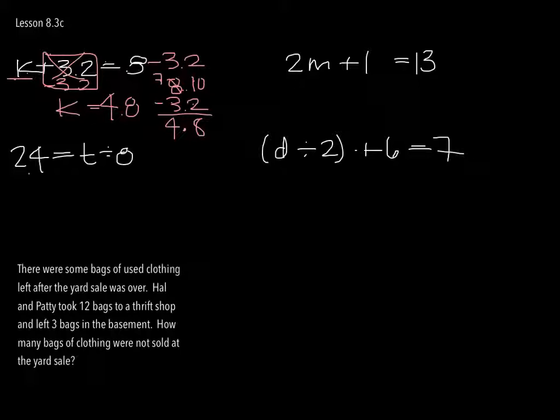Alright, let's look at our next problem. 24 is the same as t divided by 8. Again, we want to get our variables on one side and our numbers on the other. It's easier to leave the variable where it is right here. So what I have to undo is divide by 8. To undo divide by 8, I'm going to multiply by 8. Whatever I do on one side of the same as symbol, I'm going to do on the other side. So multiply by 8.